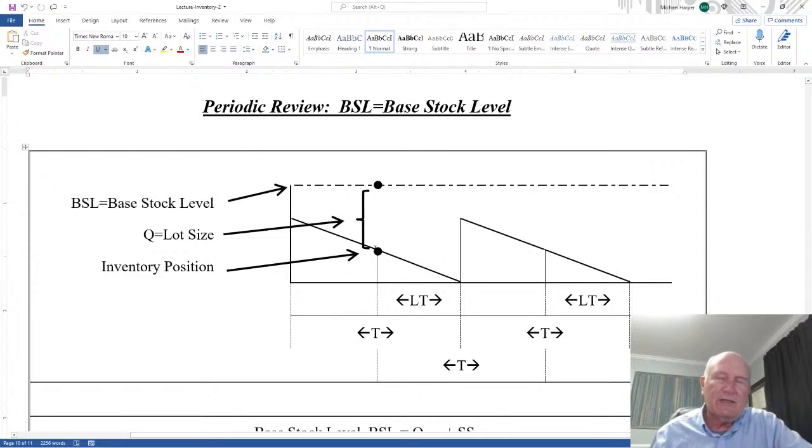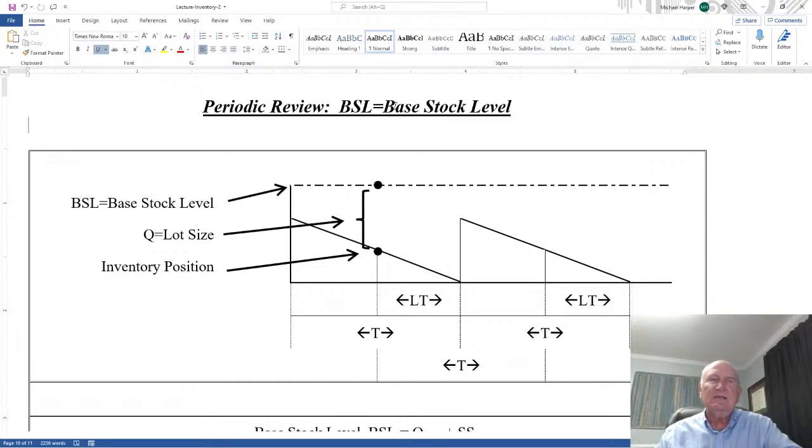And then we're going to calculate one number, and that is called the base stock level. It's called different things. Suppose the base stock level that we calculate is 1,000 items. That's our base stock level. Well, if our inventory position is 100 items and our base stock level is 1,000 items, then what's the difference? 1,000 minus 100 is 900.